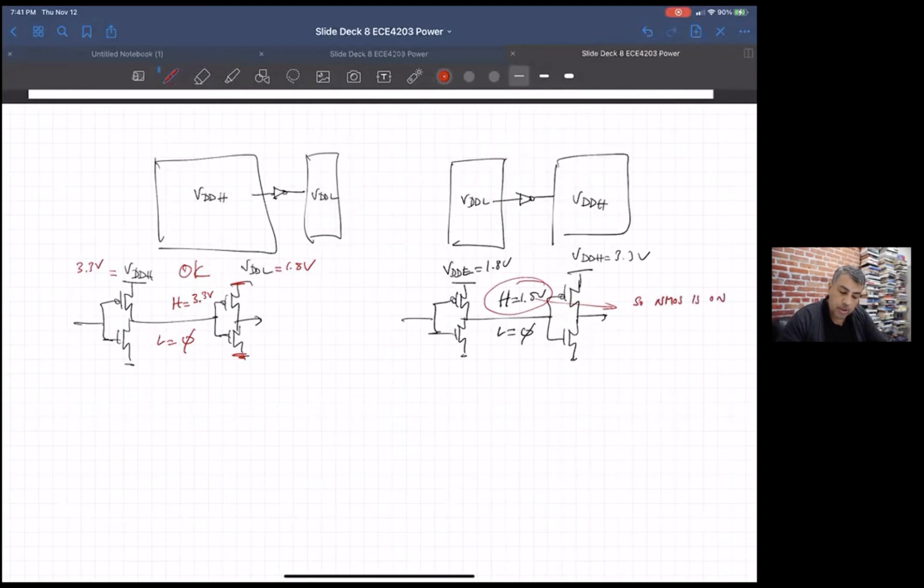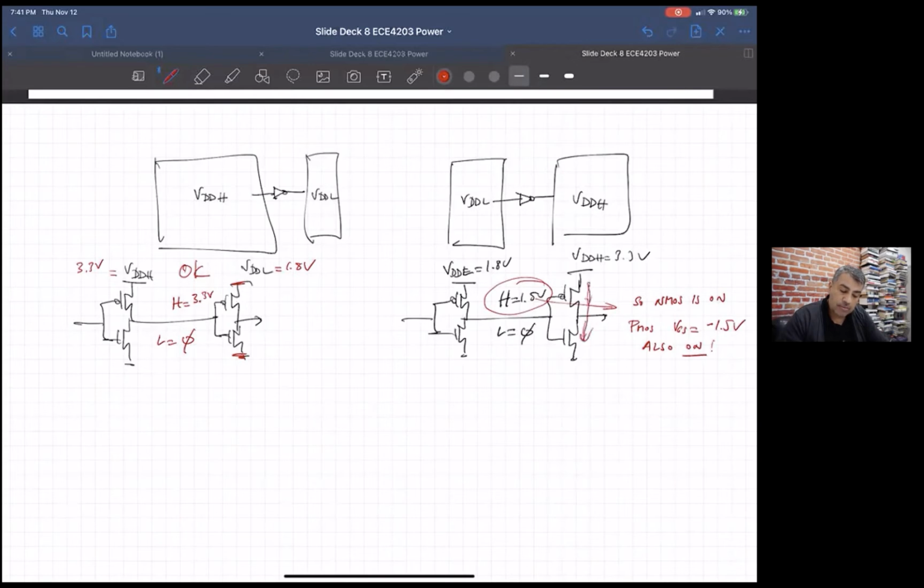But look at the PMOS. The gate-source voltage is, what the heck is that? 1.5 volts. So the PMOS is also on. That's really bad news, right? That means this guy's on, this guy's on.